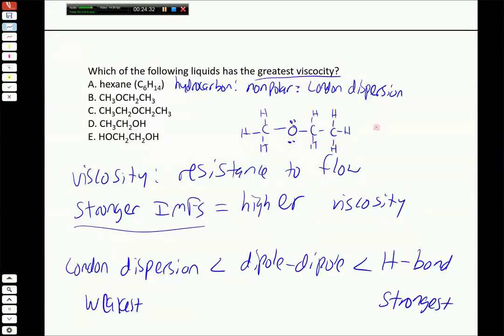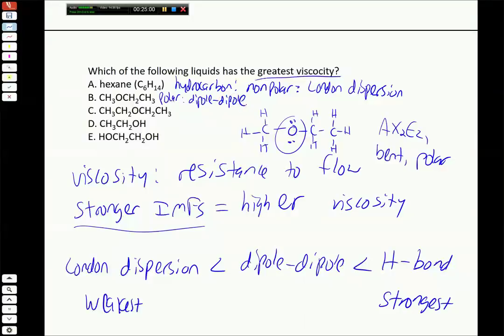So if we focus on oxygen as our central atom, it's going to be AX2E2, which is bent, which means it's going to be polar. So we have oxygen in the formula, so we have polar carbon-oxygen bonds. Each carbon-oxygen bond is polar. It's a bent structure just like water, and so you have net polarity. So this is polar, so it's going to have dipole-dipole forces as well.